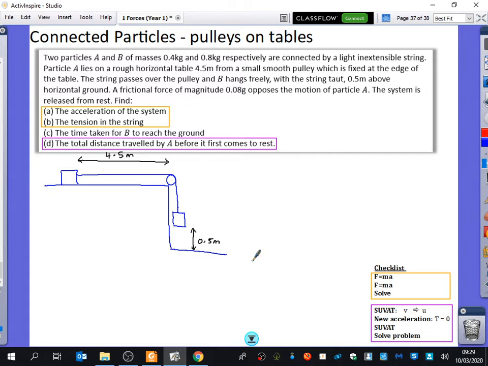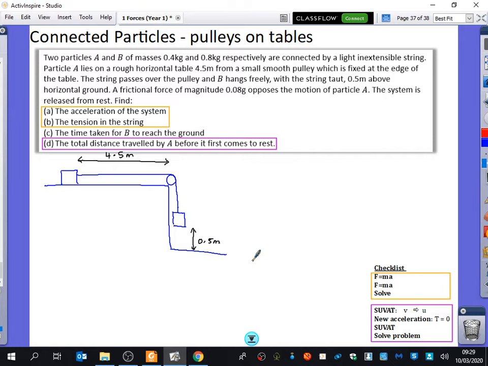So if I was to show you an example of what this might look like on a table, you can imagine it's like something hanging over the edge of the table, like my keys on my lanyard. As my hand moves across, the keys move down.